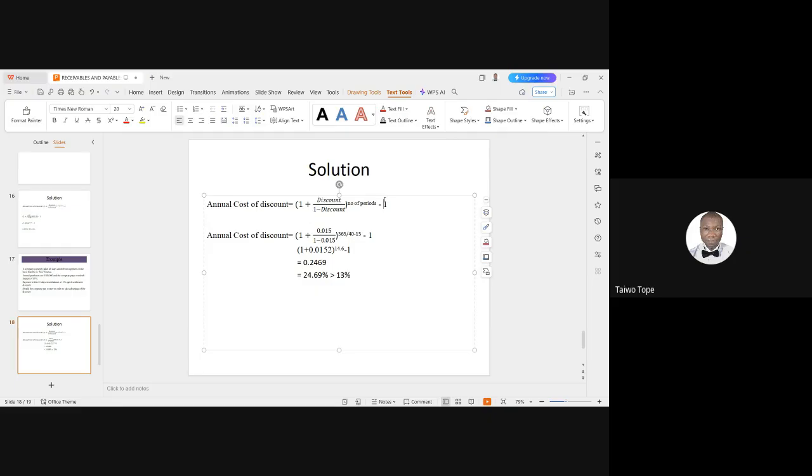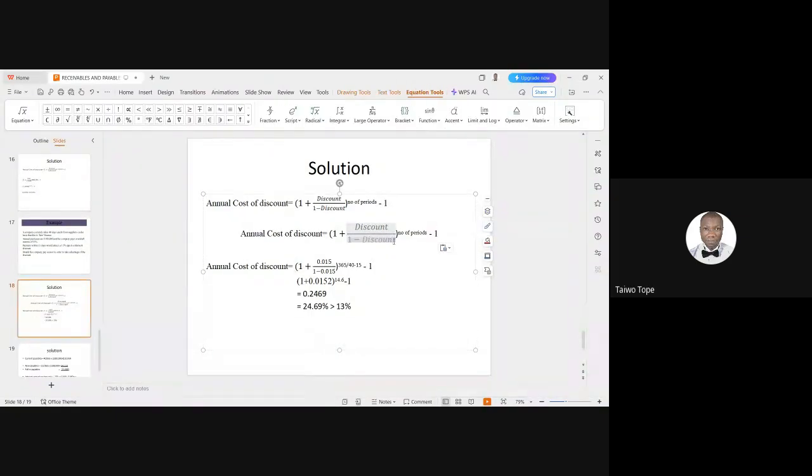In some literatures, it will be in another way, but I've decided to simplify it. Let me write it in another way. Annual cost of discounts. This denominator here can be the amount owed to pay. But I decided to break it down and say amount owed to pay is 1 minus discount.